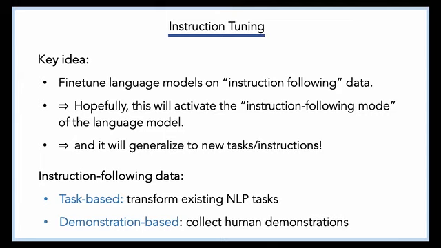There were a couple of different schemes that people proposed for this in the literature. The first thing, which happened mostly in the academic community, was just to say, okay, let's take all of our existing standard NLP data sets for sentiment analysis, for machine translation, for text summarization, for sentence classification problems of other kinds, and just fine-tune language models on all of these things at the same time, with little templates that had natural language descriptions of each task and examples of inputs and outputs.